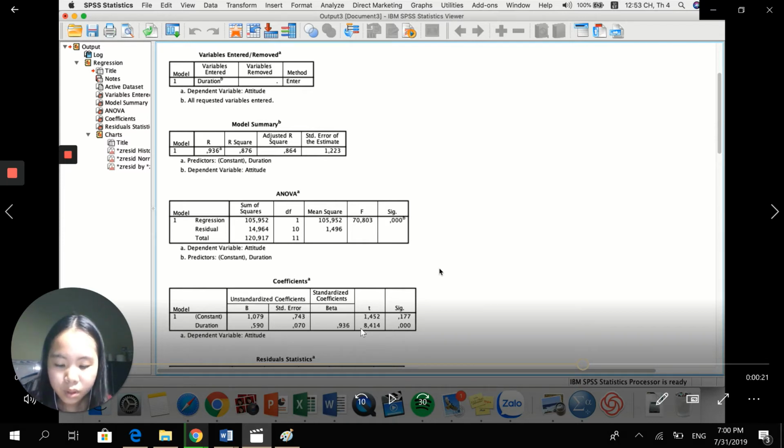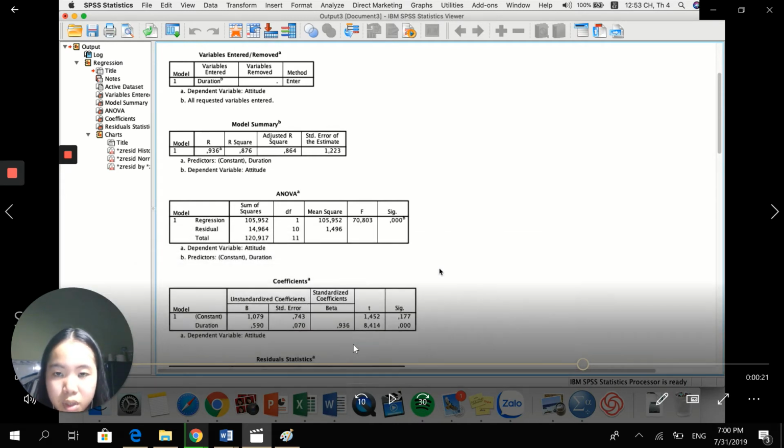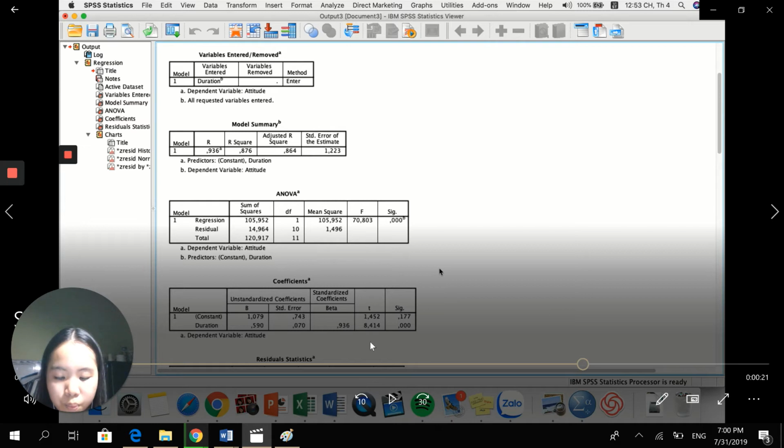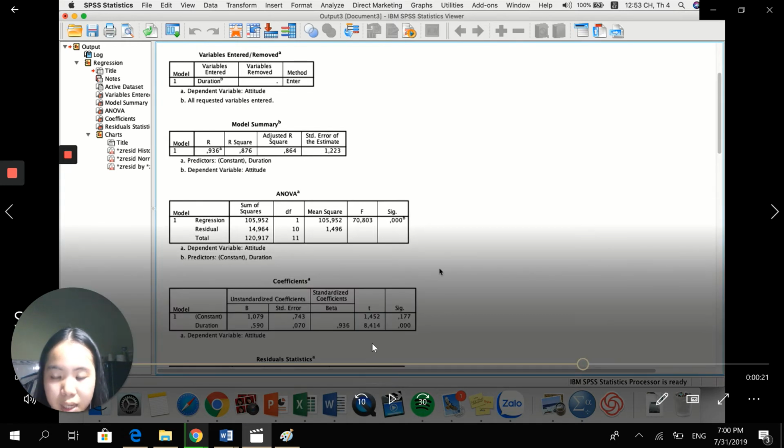From the table in the book, we can see that with an alpha of 0.05 and degrees of freedom of 10, the critical value is 2.228 for a two-tailed test. So it's easily seen that this t is larger than the critical value that I have mentioned.